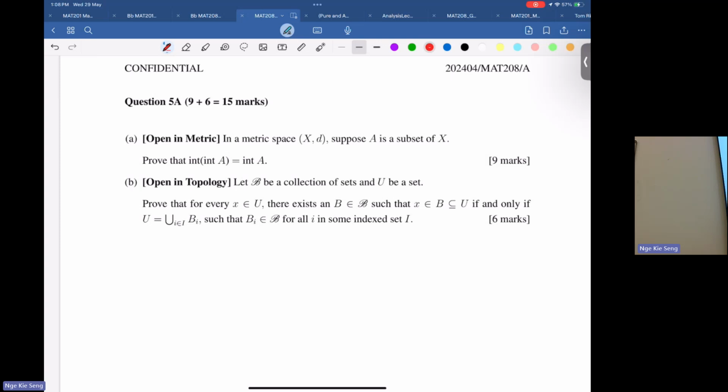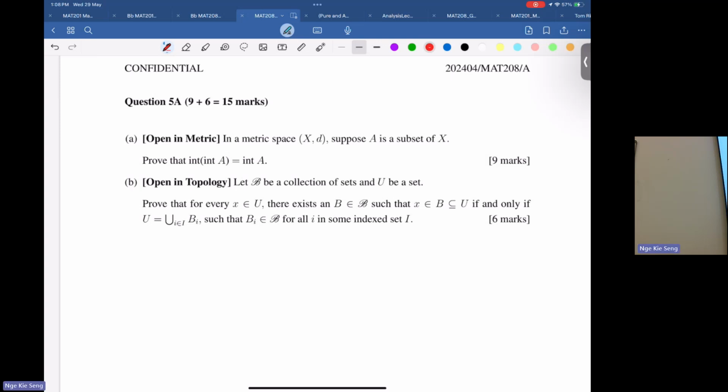Why do we define open in terms of basis elements using the first line? We declare that U is open in the topology generated by basis elements if for every point in the set you can find a basis element. Why does it make sense to do that?